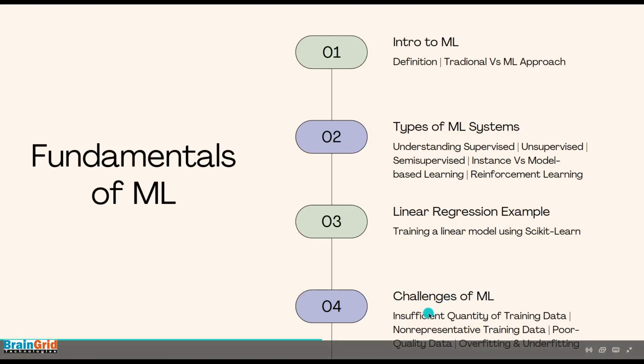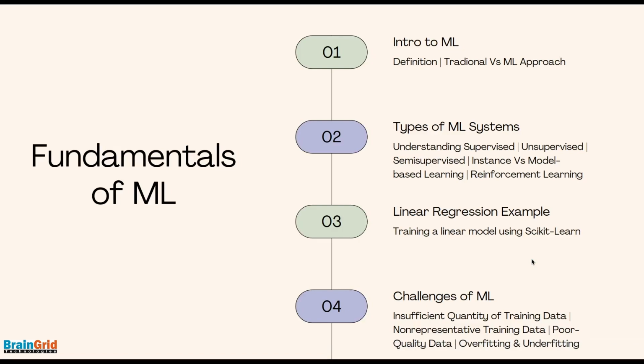So, for instance, insufficient quantity of training data, non-representative training data, poor quality data, and last but not the least, overfitting and underfitting. Do keep in mind these are not the only challenges. There are a few more, but I've only put those that make more sense as of now.